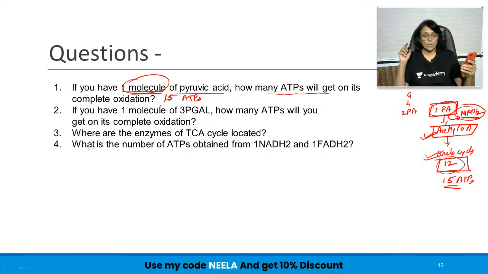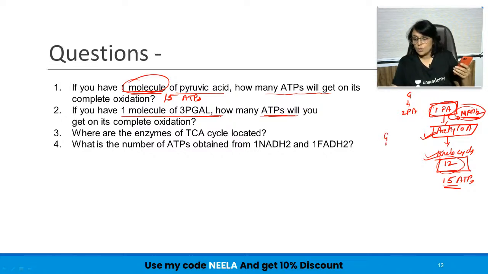Okay, shall we come to the second question? If you have 1 molecule of PGAL, how many ATPs will you get on its complete oxidation? Where is PGAL? Glucose, glucose 6-phosphate, fructose 6-phosphate. We are talking of glycolysis.